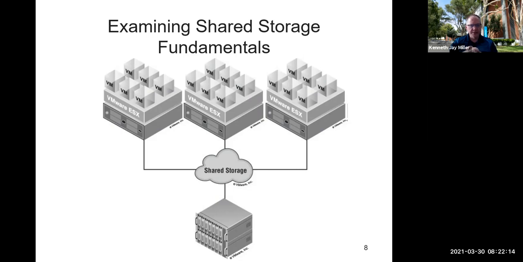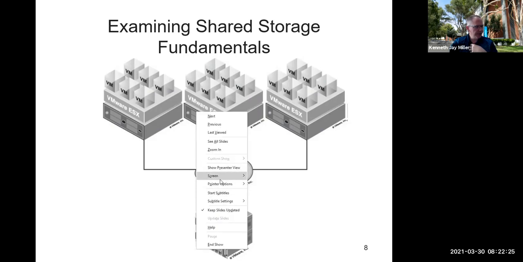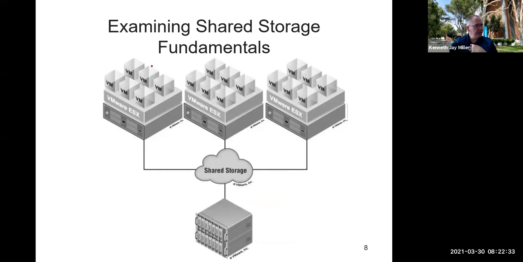So let's start with the VMware ESXi host with the VMs on the left side. Let me turn on my laser pointer. If this host server goes down, who's affected?